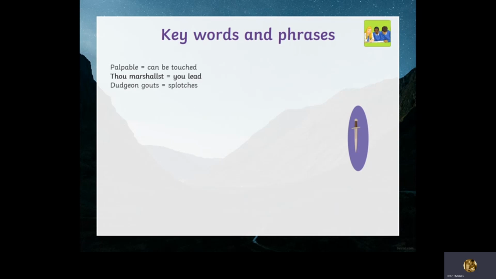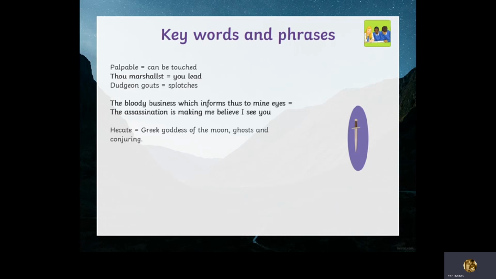The vision of the dagger that Macbeth sees has blood splotches, or dudgeon gouts. He speaks about the bloody business which informs thus to my eyes. He says the bloody business means the murder, or the talk of the gruesomeness of the assassination is making him believe he can see a knife.